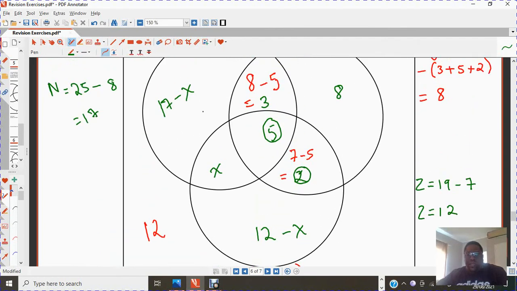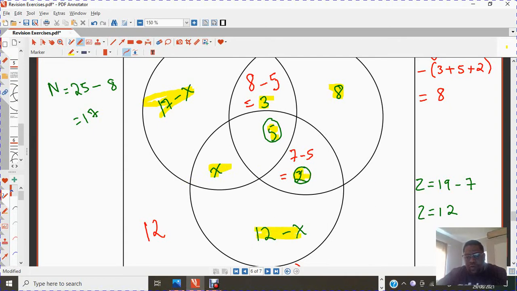If I look at what I have in green, let's just see if we could highlight that for a minute. So if we could highlight this 17 minus x, this 3, this 8, this 5, this x here, this 2 here, and this 12 minus x.